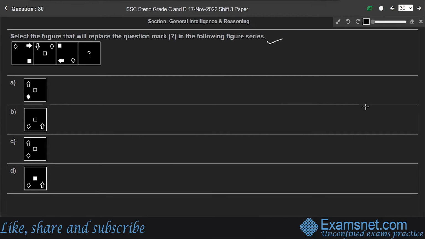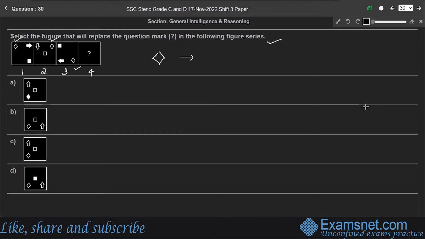Question number 30. Select the figure that will replace the question mark in the following figure series. So in the series, we have 3 figures. We need to find the 4th one. We'll consider the first figure, in which we'll consider the diamond shape first. This diamond shape changes its position in the next figure, and also in the third figure it changes its position.